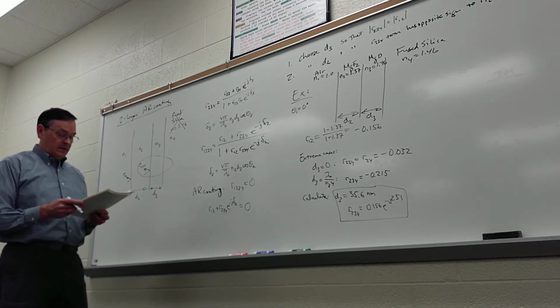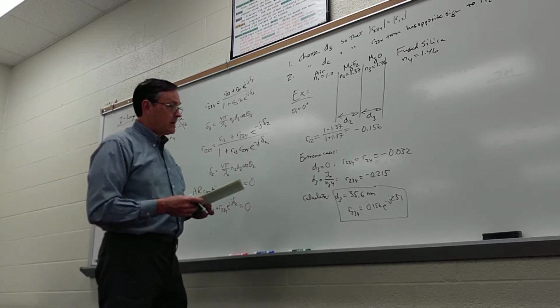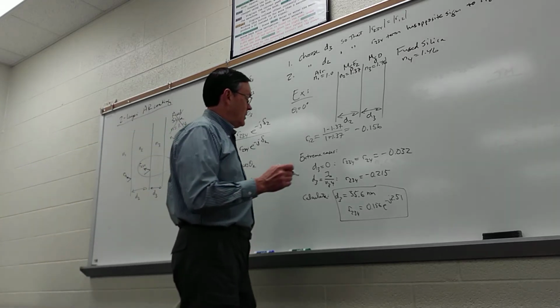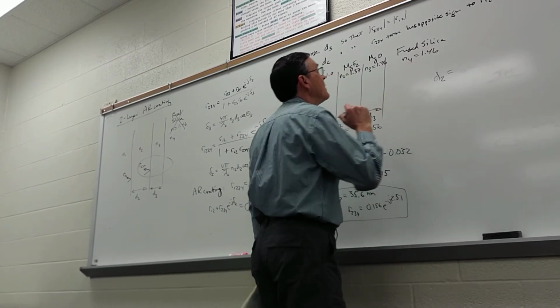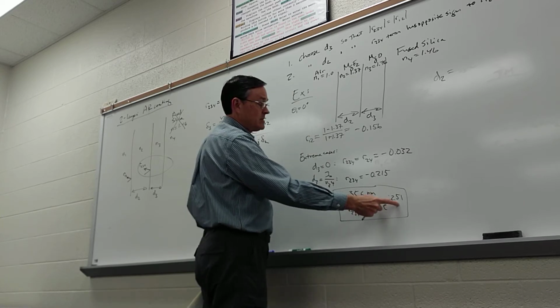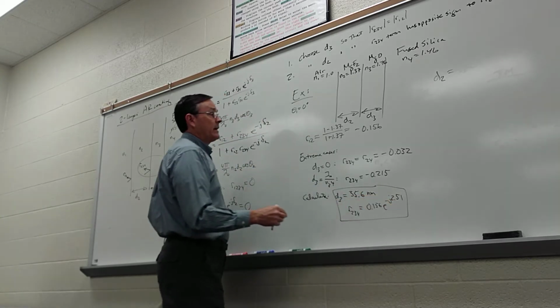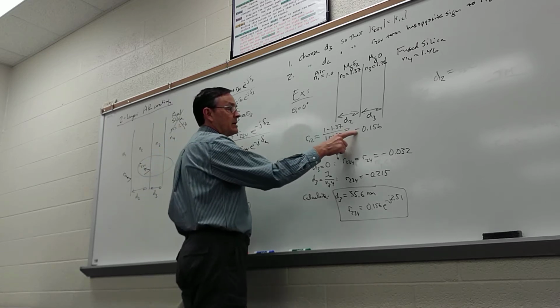Okay, so now what we need to do is calculate what D2 we need in order to cancel out this minus 2.51 radians, and that's all we have to do because this is already a minus sign.